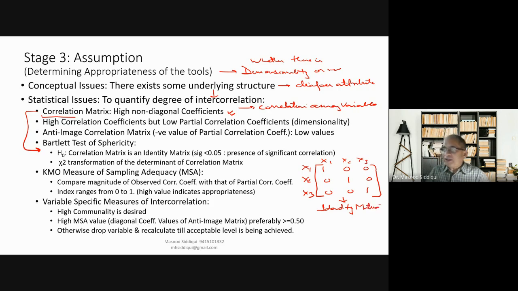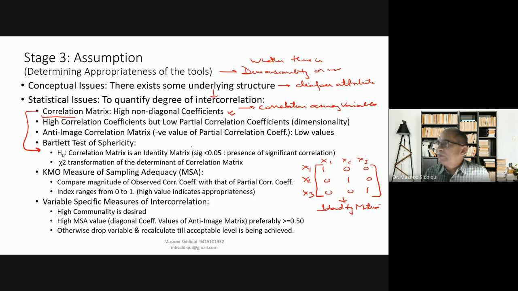Now, if our correlation matrix is an identity matrix, it simply shows that all the non-diagonal elements are 0, meaning there is 0 correlation among the variables. So that represents that the data is not appropriate for factor analysis. This is tested by the Bartlett test of sphericity, where the null hypothesis is that the correlation matrix is an identity matrix.